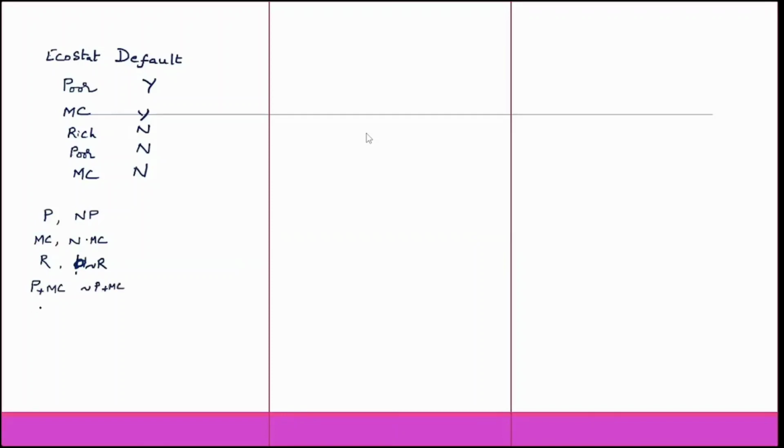So if there are more categories, this is the exercise that would be performed. The initial Gini is 2 by 5 into 3 by 5 plus 3 by 5 into 2 by 5. So the initial Gini is 6 by 25 plus 6 by 25, which is 12 by 25. That's the initial Gini.